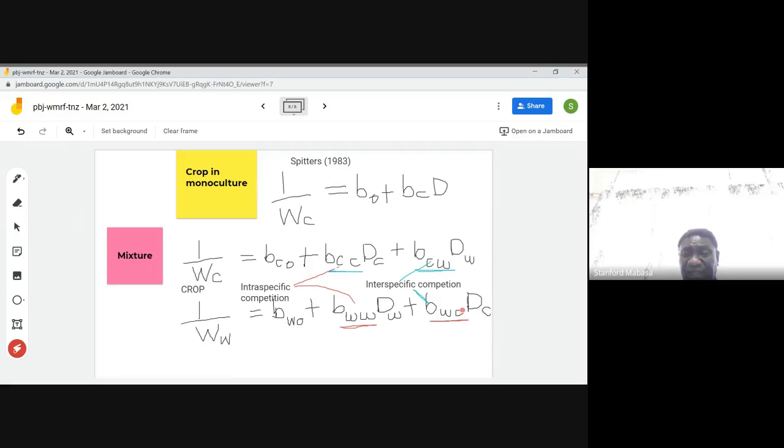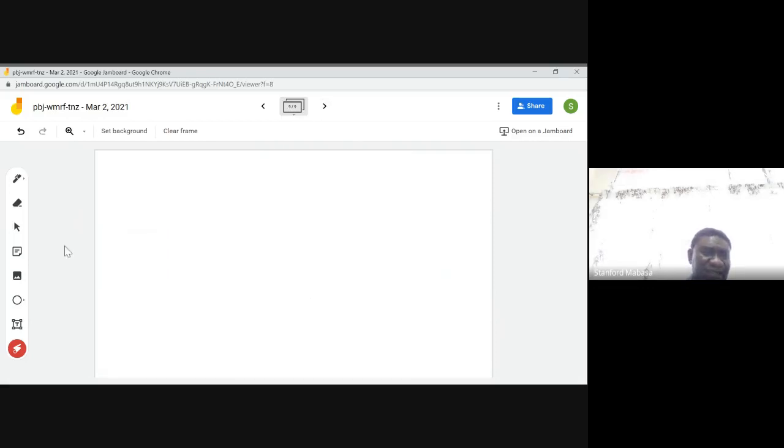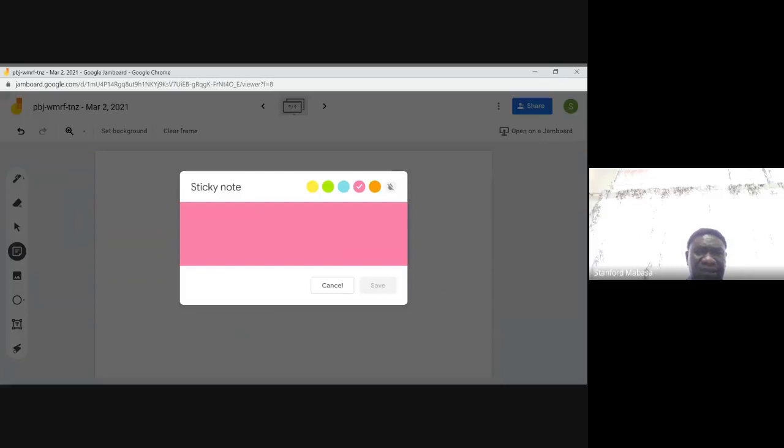If we divide this BWC into BWW, we get the competitive ability of the wheat. So let me get ahead and write competitive ability of the crop.